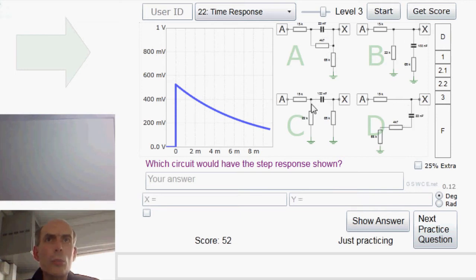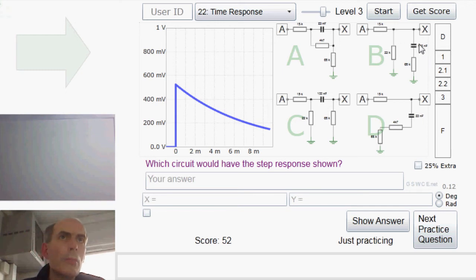Which one of these would give you about 530 or so millivolts at the output? Right, first one here. That would give you 15K here, and that would be a short circuit, so you'd end up with 68K going down to there. You would expect much more than about 540 millivolts, so it's not A.